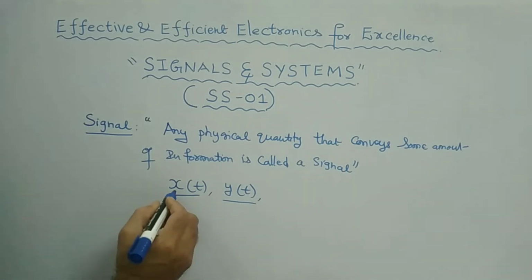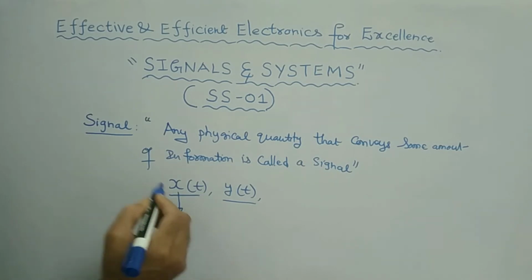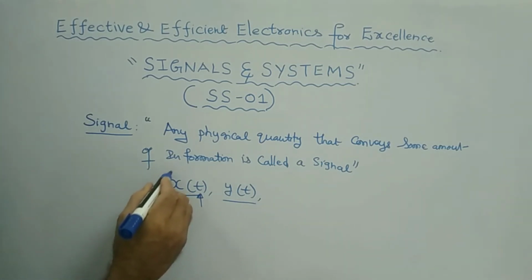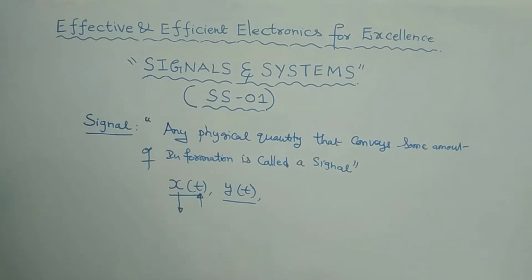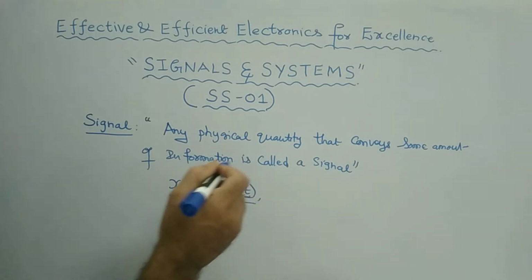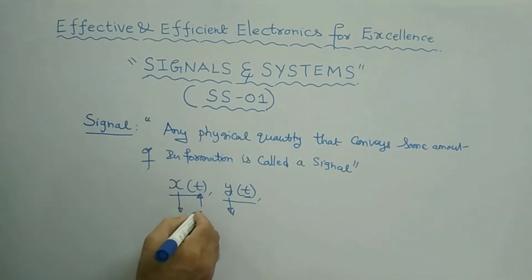So if you see here, x is your signal, whereas this small t means our signal depends on time. Similarly here also, y is a signal and it is a function of time. Y of t means y depends on time. This small t is called time.